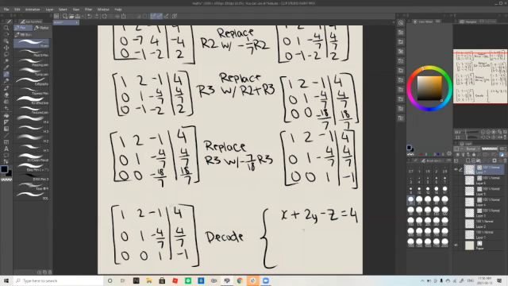Then we get y minus 4/7 z. That's my bad.